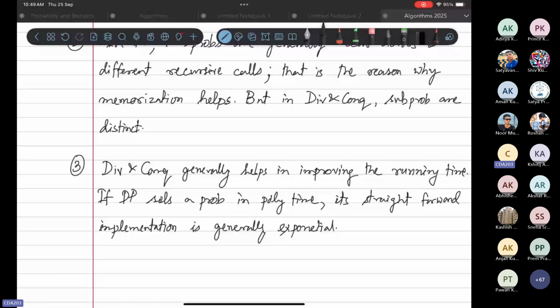Also, we have seen this maximum non-consecutive sum example. That also in general we can solve in exponential time, but by using dynamic programming we can solve it in mn time, right? Longest common subsequence also we have seen, we can do it in mn time, right?